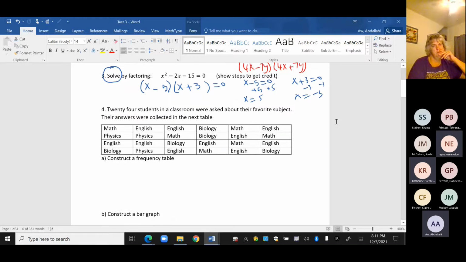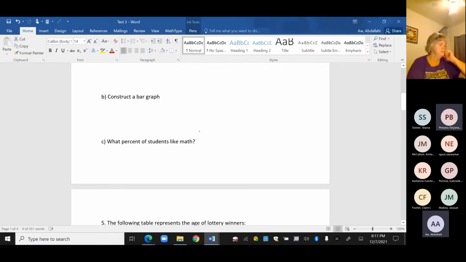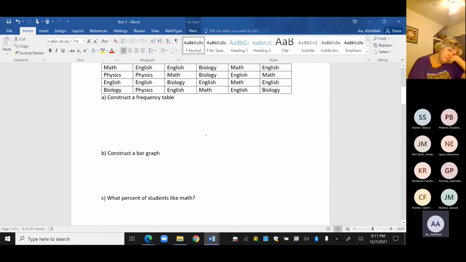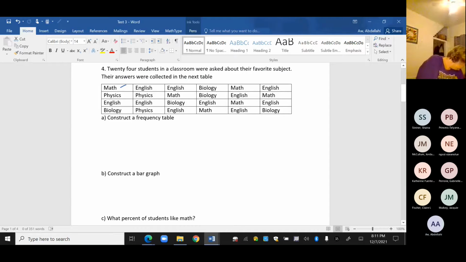Okay? So this one is a frequency table. I think we almost did them in the classroom, right? Let's say this one right here. What percent of students like math? So how many people like math here? Let's count: 1, 2, 3, 4, 5, 6. 6 people like math, out of how many people?